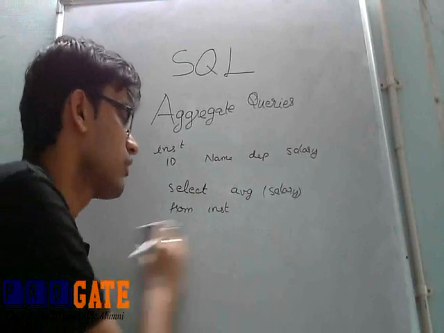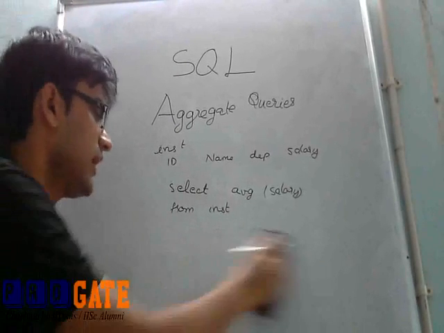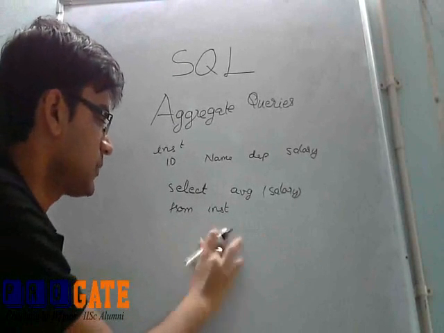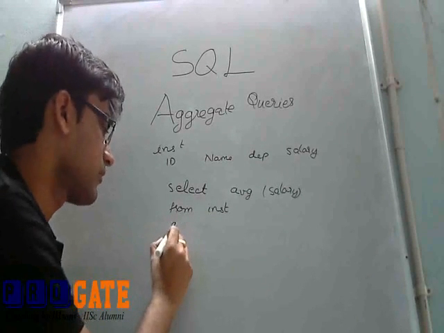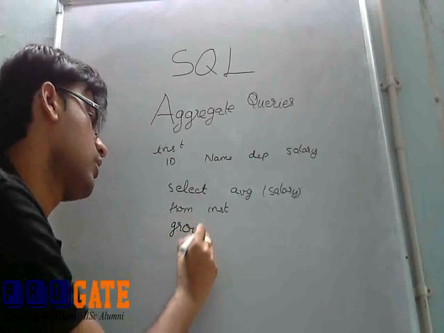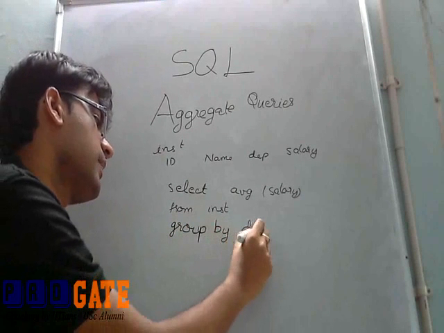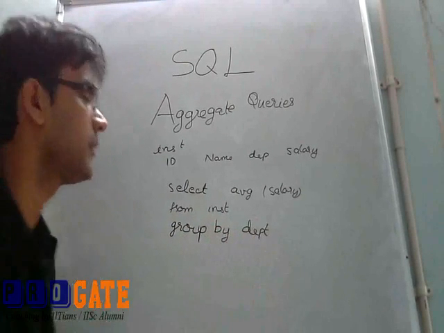So what we do is we write a query. SQL has the option of specifying the group by clause, group by department name.